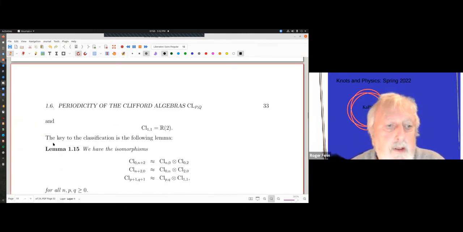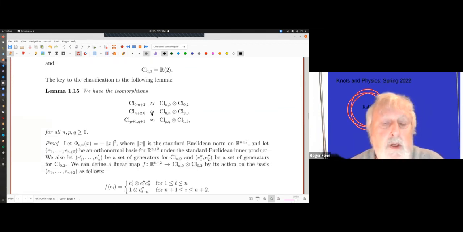And the key to the classification is the following lemma: that the Clifford algebra Cl(0, n+2) is isomorphic to the Clifford algebra Cl(n, 0) tensored with the Clifford algebra Cl(0, 2). And Cl(n+2, 0) is the other way around, Cl(0, n) tensor Cl(2, 0), and so on.